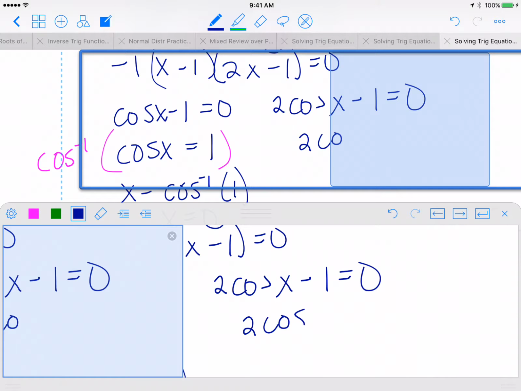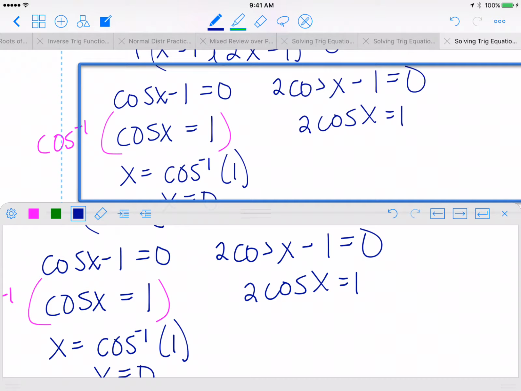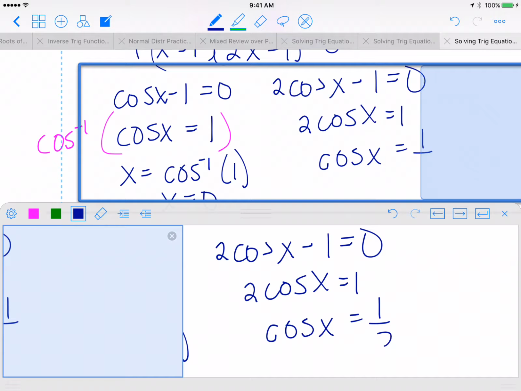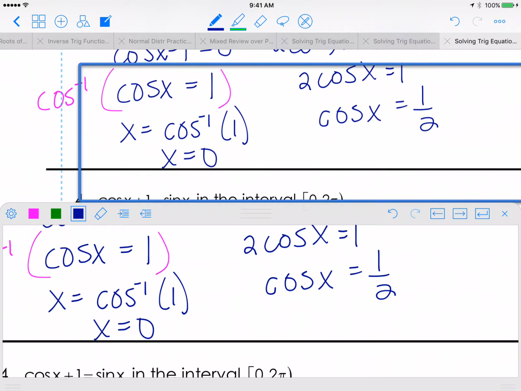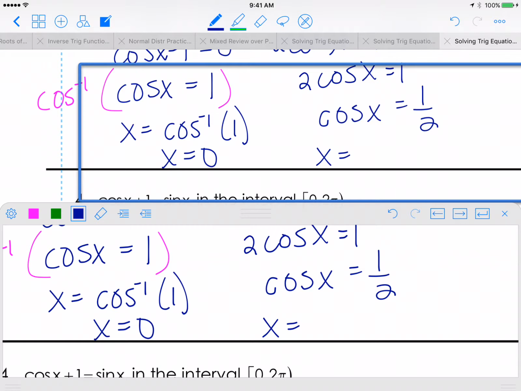I hope this is becoming kind of easier for you to see what you need to do next. Divide by 2. So then we get the inverse cosine of 1/2.